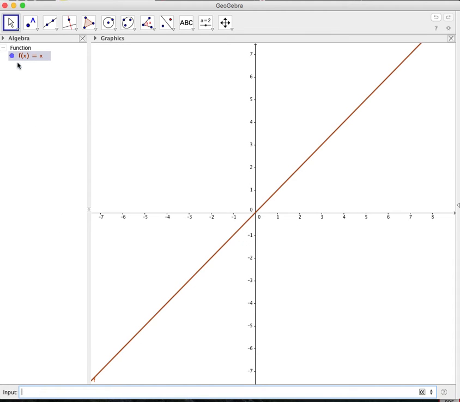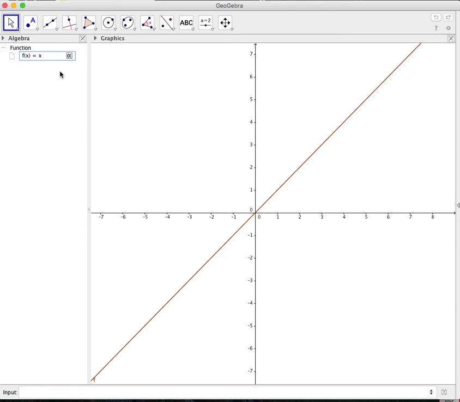Here we see our f of x and the classic linear equation, y is equal to x. Whatever x is, y is. Slope of 1, crosses at the origin.